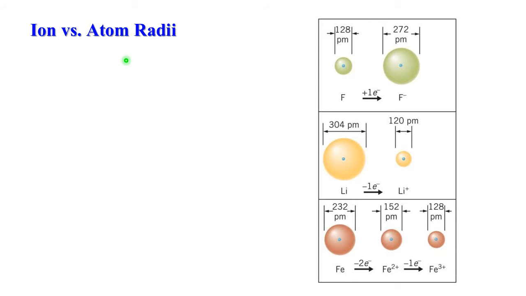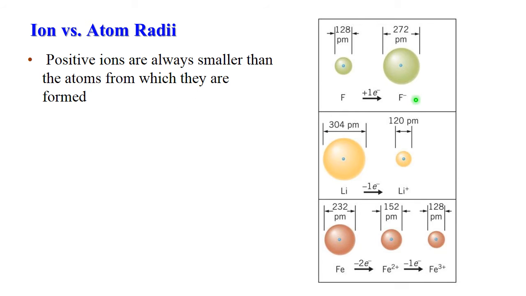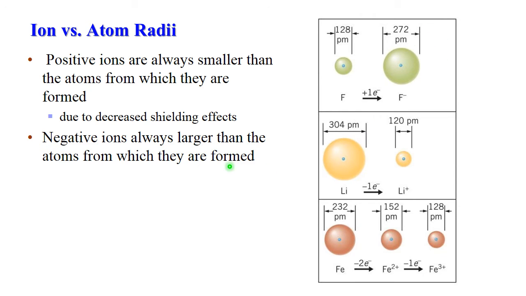Ionic radii of negative ions are always larger than of elements. Of positive ions are always smaller than of atoms. Lithium is going down and dramatically smaller. Fluorine is going upwards and it's dramatically larger.